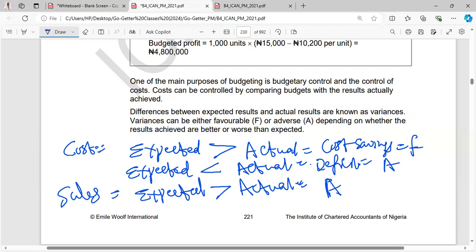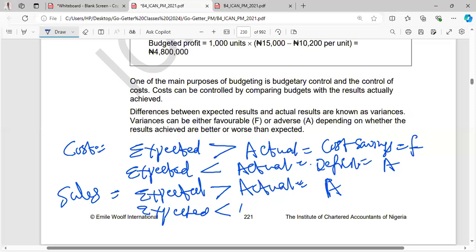Now it means that I am expecting to sell something at 15,000 naira, and I now go and sell it at 14,500. My expected is bigger than your actual. It's adverse. So in sales, your expected is supposed to be lesser than actual to get favorable.